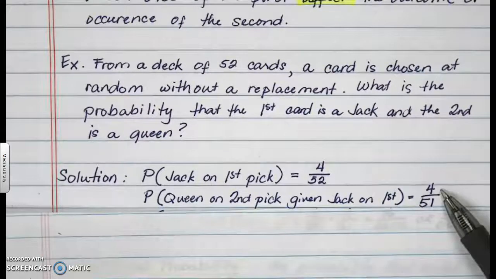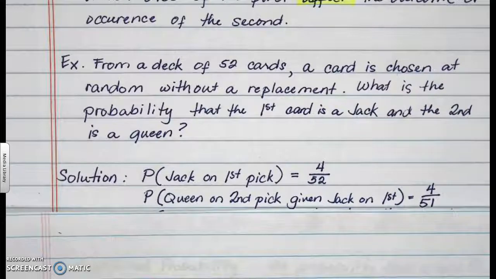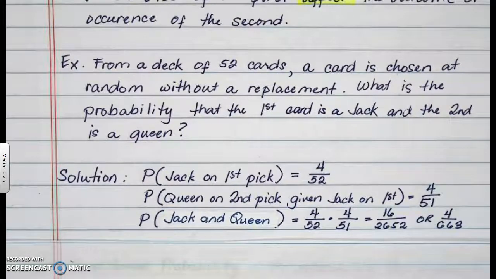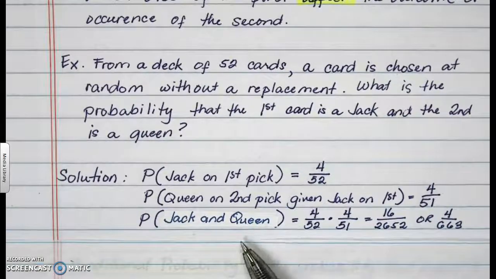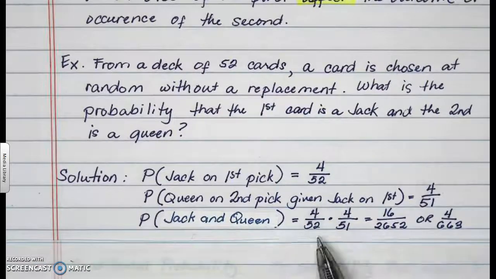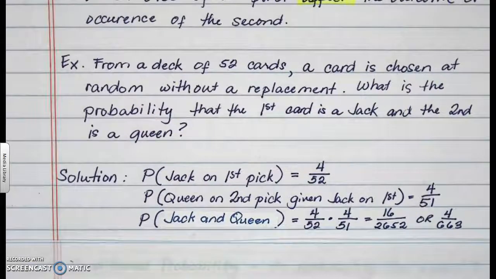Why 4? Because you are still anticipating that there are 4 queens in the deck. However, because the other card was not replaced, the 52 now turns to a 51. By the probability multiplication rule, the probability of picking a jack and then a queen is 4 over 52 times 4 over 51, which is 16 over 2,652, or 4 over 663.